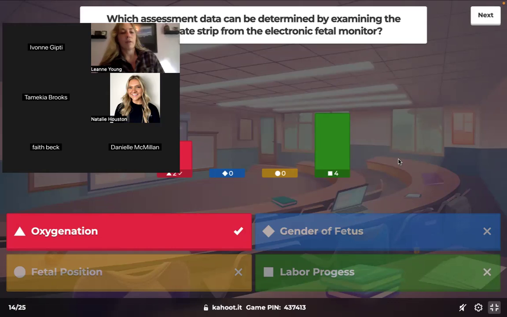But for the purpose of this class, one of the biggest things that we're determining from a fetal heart rate tracing is how baby is being oxygenated, right? If they're having decelerations, it most likely means that they're not being oxygenated very well. And that can be for a lot of reasons. But that is what we're looking at our fetal tracing for.